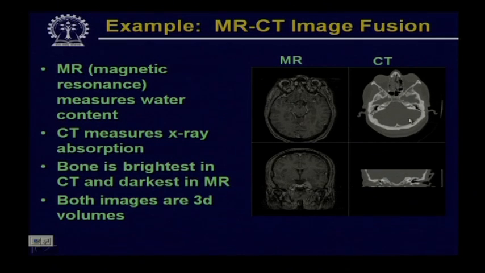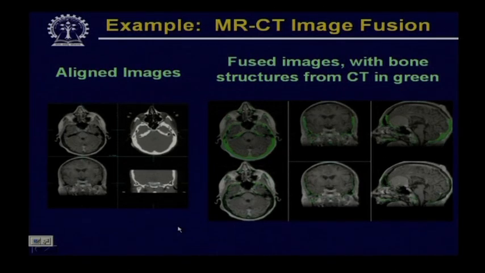So, here there are two MR images and two CT images, and obviously you find that this MR image and this CT image, though they are of the same region, are not properly aligned. Similarly, on the bottom row, this MR image and this CT image are not properly aligned. So, the first operation we have to do is alignment.